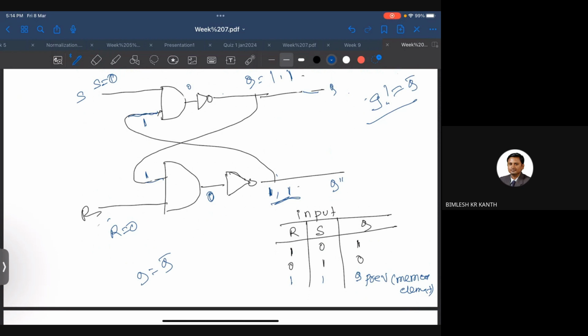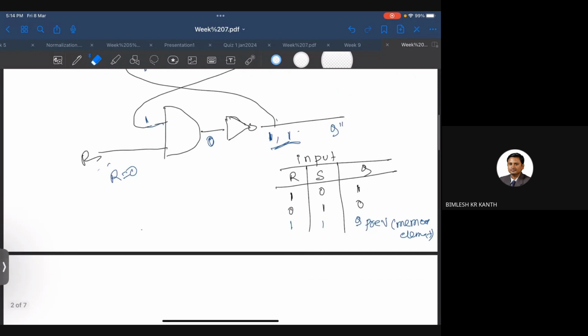Generally Q is not equal to Q bar in other cases, but in this case it is not satisfied. The output should satisfy this condition, which is not getting satisfied in this case. Hence it is the forbidden state. So when it is 0 0, it is the forbidden state.